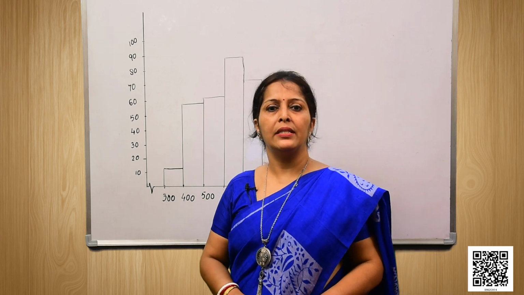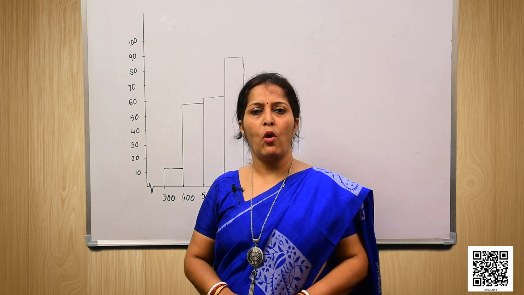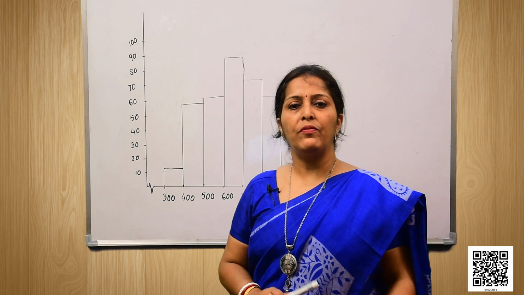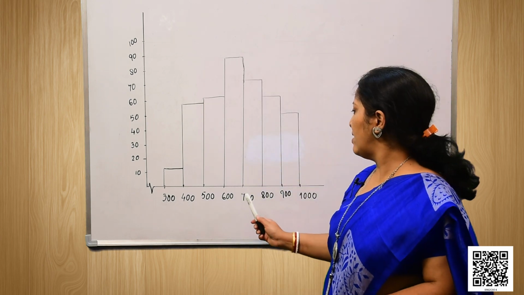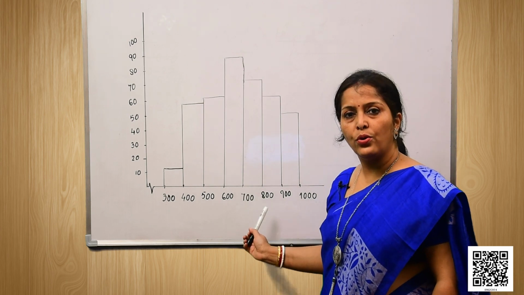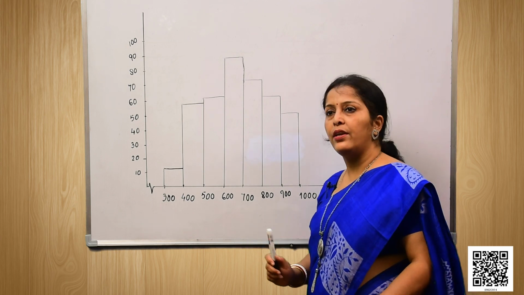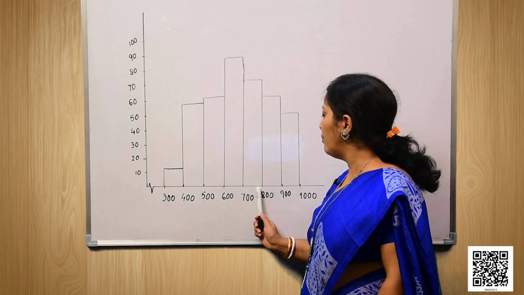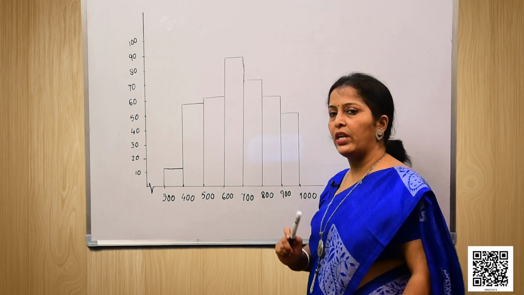Now, in the second bit they asked how many lamps have a lifetime of more than 700 hours. When we say more than 700, we include 700 to 800, 800 to 900, and also 900 to 1000. In these ranges we have the numbers 74, then 62, then 48.